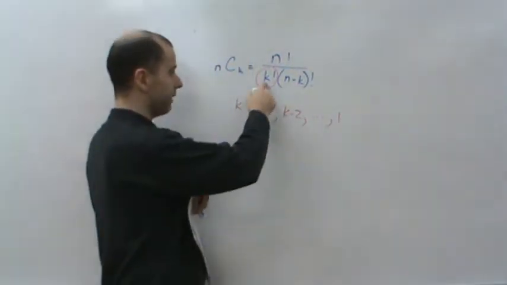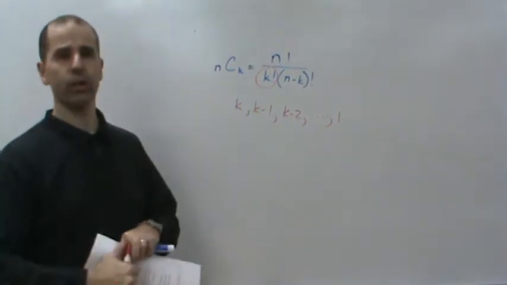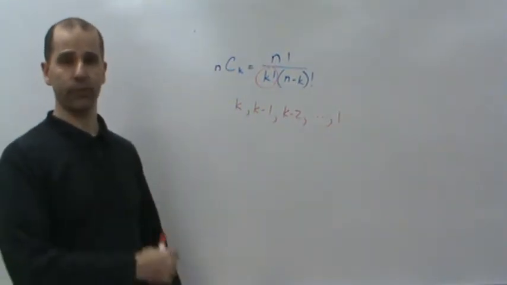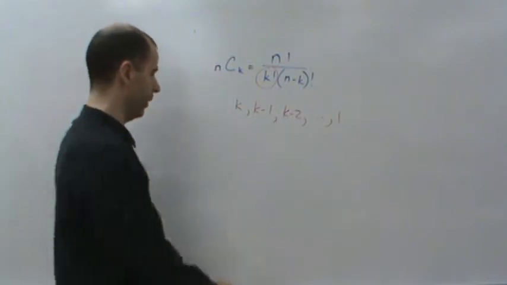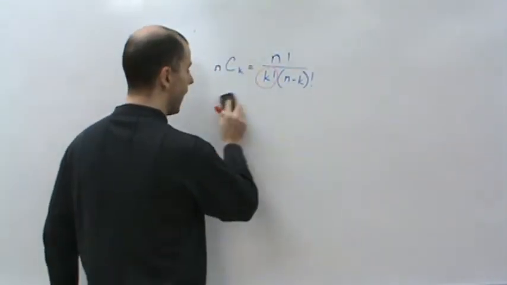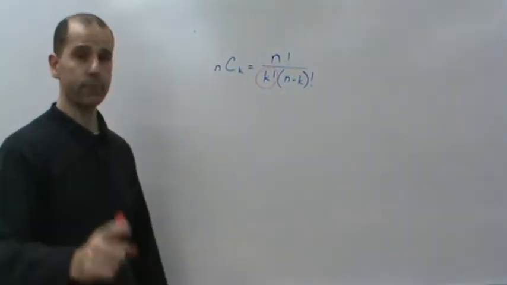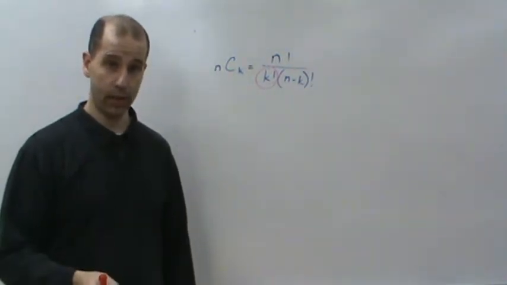That's where the k factorial comes from. That's really all you have to know: we're dividing out all of the distinct orders. Which means the number of combinations will always be much smaller than the number of permutations.